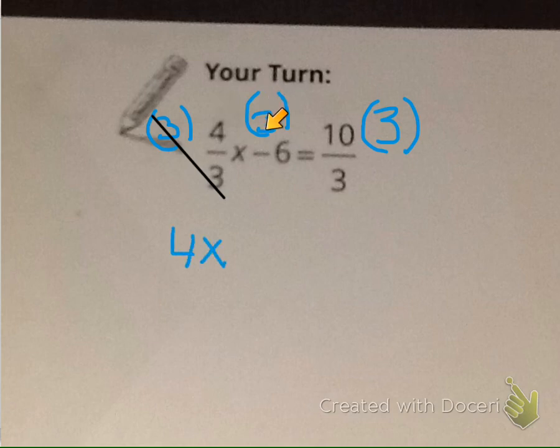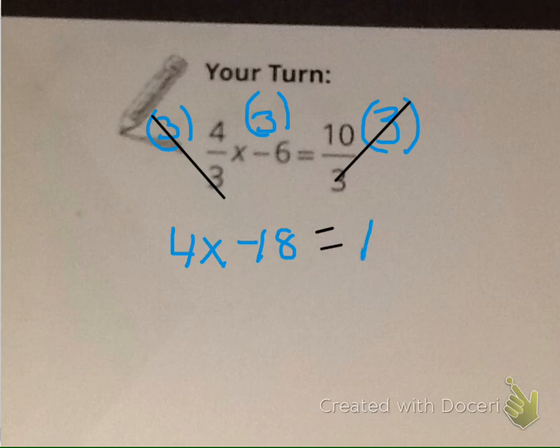Over here, 3 times -6 is -18. Over here, this cancels because 3 divided by 3 is 1. The canceling isn't magic. It's just that 3 divided by 3 is 1, and 10 times 1 is 10.